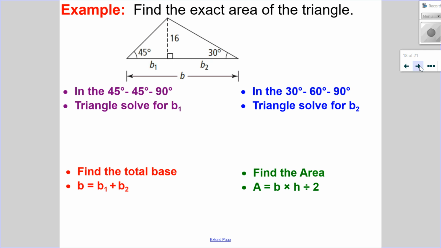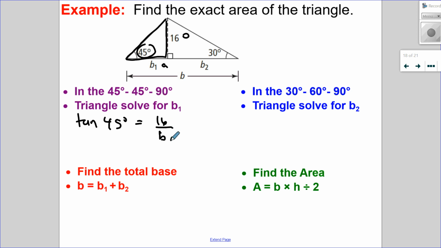So in my first triangle here, this is my 45, 45, 90 triangle. I want to solve for base 1. So looking at my angle here, I have an angle, I have an opposite side, and an adjacent, which is tangent. So let's write that out. Tangent of 45 degrees is equal to opposite, which is 16, over adjacent, which is base 1.